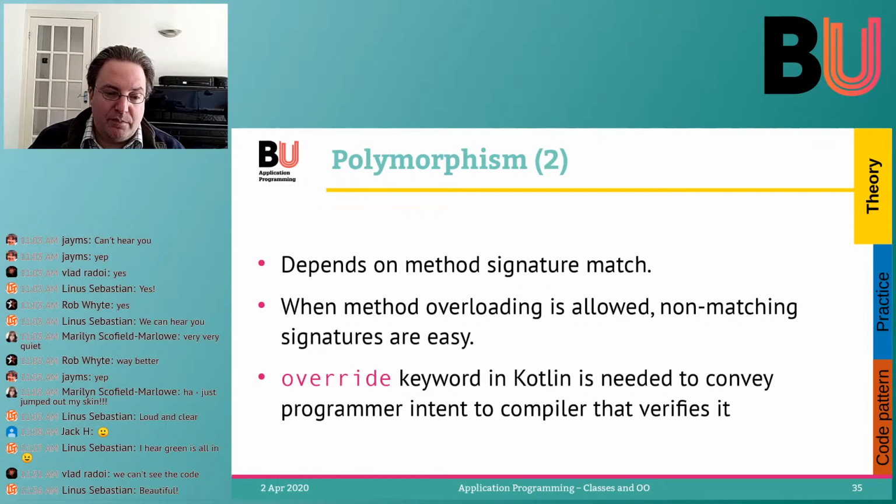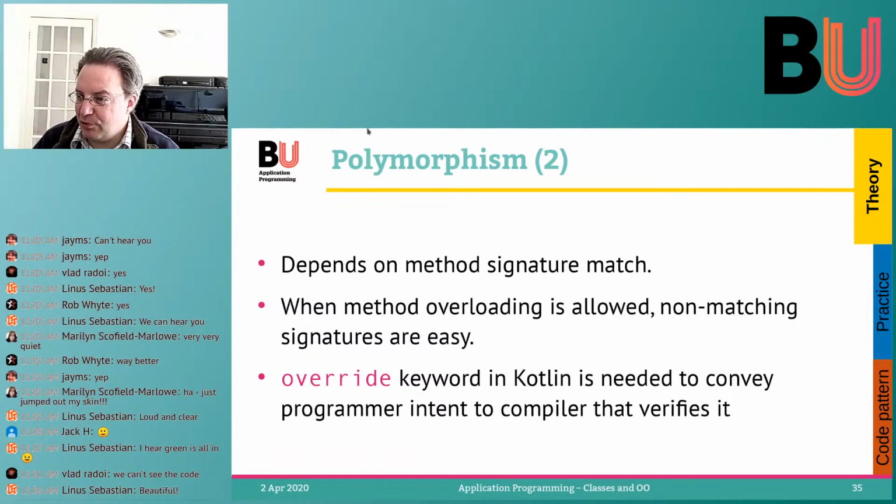So one of the tricks there is also to help with correctness. Things like Kotlin has an override keyword, because sometimes you need to make sure that when you override a functionality that the methods are actually compatible. So in Python you can't have multiple functions with the same name, so that's easier.